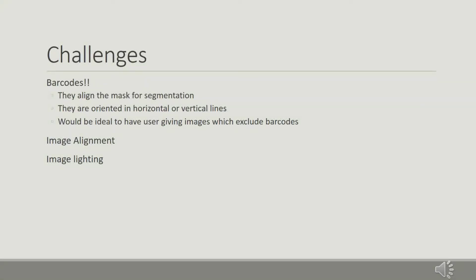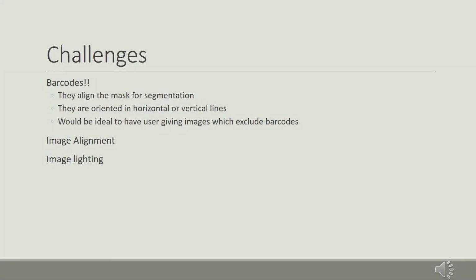Challenges. The biggest challenge we faced was barcodes. Why is barcode a bigger challenge? Because, as you understood the algorithm, it works on clustering all the horizontal lines that are there in the nutrition fact. It preserves them and gets rid of all the other portions.